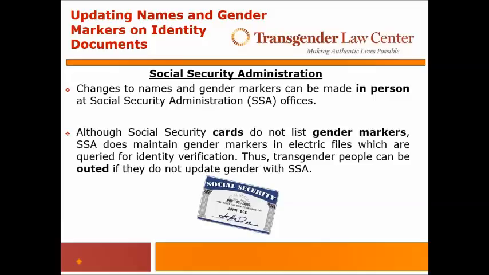The other thing to know that's really critical is that your Social Security name and gender is also communicated, and impacts you if you're on Social Security insurance or Medicaid.